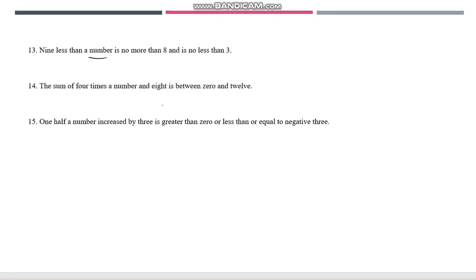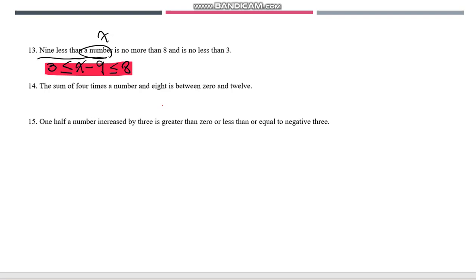What that means is you have a number, and then it should be 9 less than this number. Therefore, you got to subtract 9 from this. Therefore, this expression means x minus 9. It's no more than 8, therefore this, and then no less than 3, it is this. Okay, so the final answer is this.